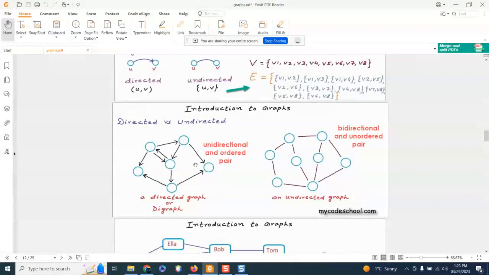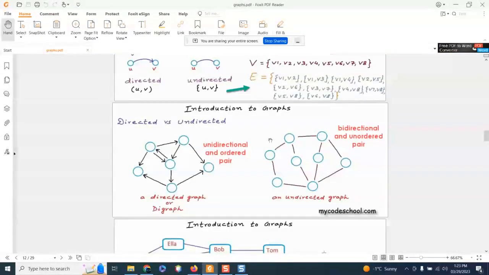We can have some part of the graph directed and some part undirected, meaning that some of them can have bidirectional edges attached to them. But most of the time, what we will be studying is this graph, which is more versatile, as we will see.